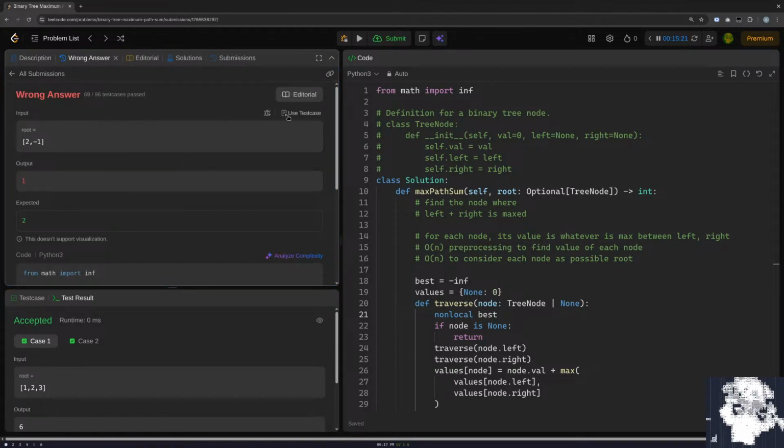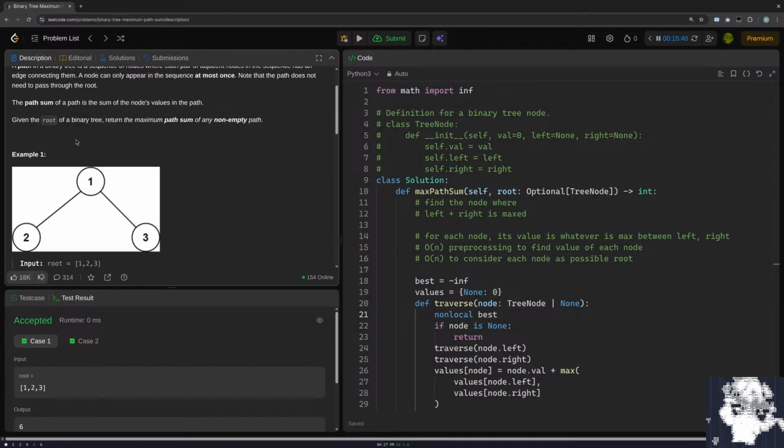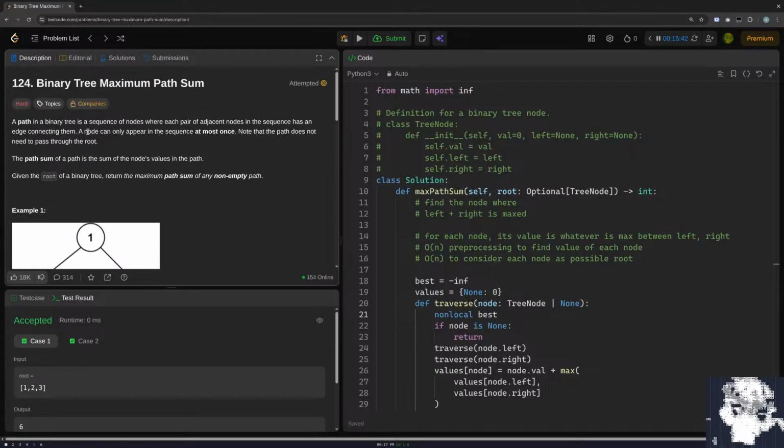Wrong answer. Output 1, expected 2. Oh, I'm assuming that you have to go all the way down the path. But I guess it's saying you can start in the middle, like you don't have to go all the way down to the leaf.